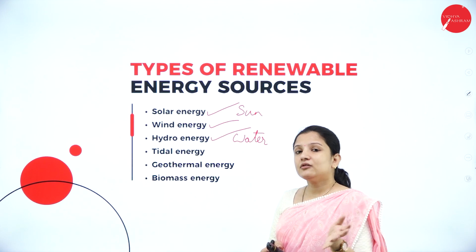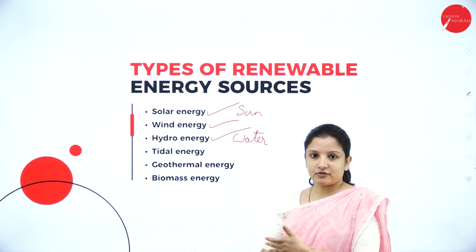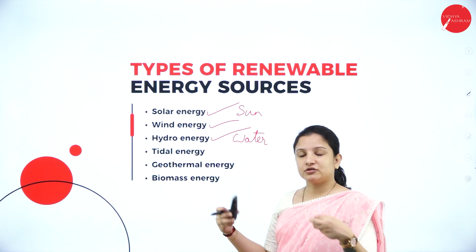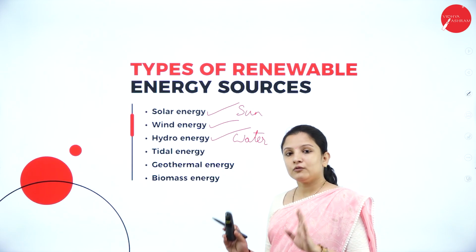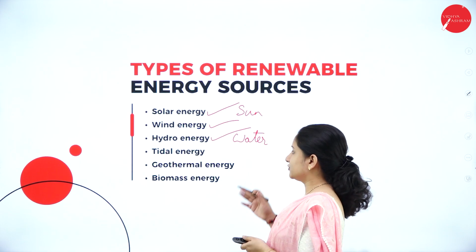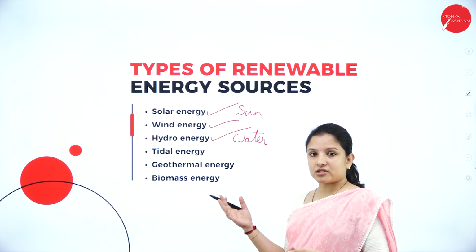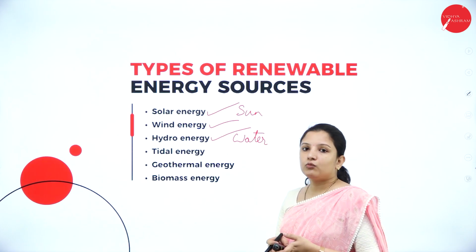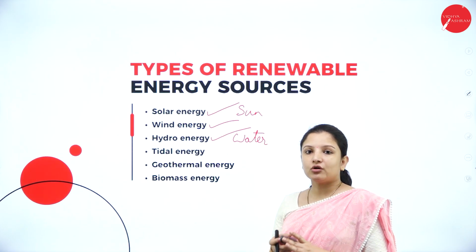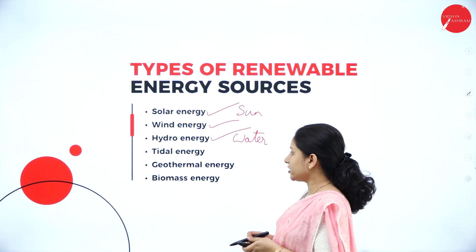It might, but not for certain years as of now. Maybe in the future, because of our human intervention, it might get exhausted. But as of now, water is a renewable resource. Electricity can be generated from water through hydropower plants and all that. So therefore, hydro energy is also one of the renewable energy resources.